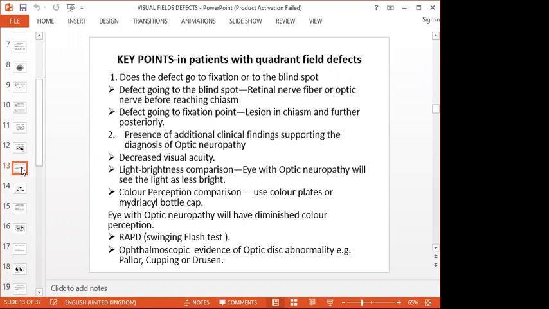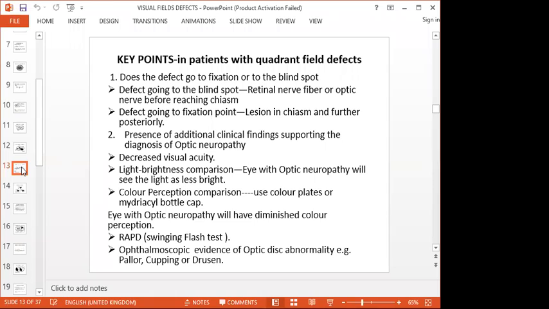RAPD. What is RAPD? This is something you will be finding in books and books: relative afferent pupillary defect, found with the swinging flashlight test. The other side is the problem. Then ophthalmoscopic evidence of optic disc abnormality, e.g. pallor, cupping and drusen.